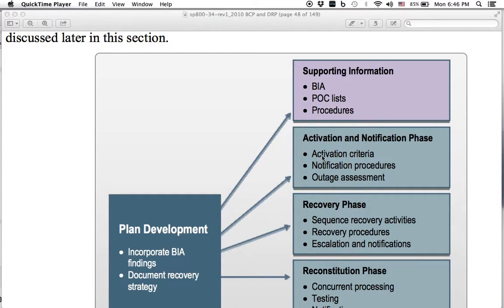The components that support the activation and notification phase: one is activation criteria. The activation criteria need to be presented in the procedure and guideline that let the business unit or business stakeholder identify the critical functions that need to be activated during a crisis. The next is a procedure for notification to all relevant stakeholders involved with the critical function.